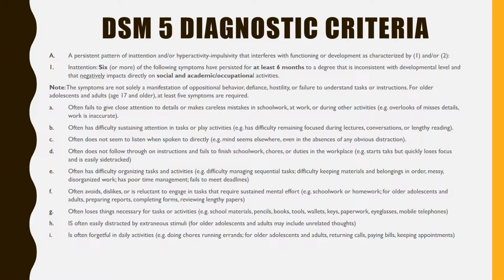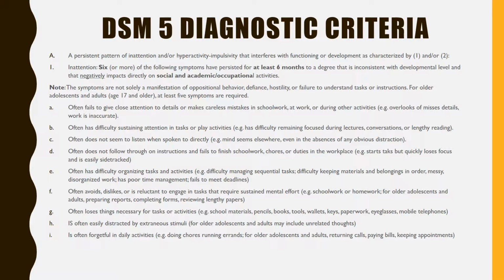They'll fail to finish schoolwork, chores, or duties in the workplace. That's for adults. Difficulty organizing tasks. Sometimes clients will avoid tasks that require sustained mental effort because they know that it's hard for them to concentrate and do that. Losing things, easily distracted by extraneous stimuli, and often forgetful in daily activities.